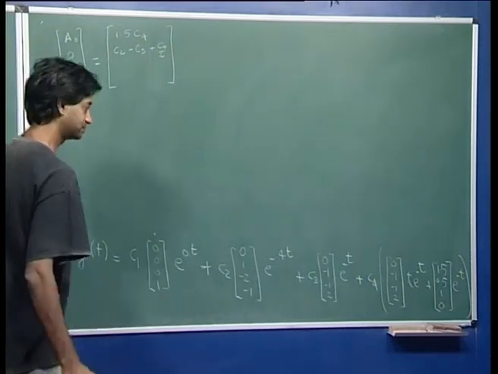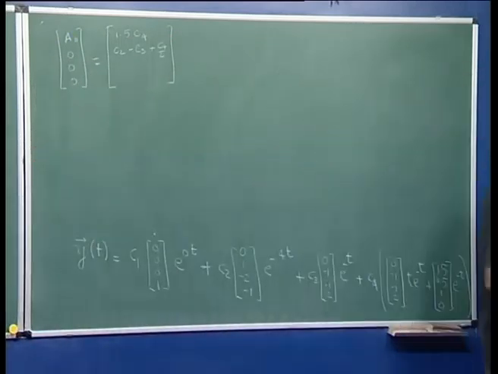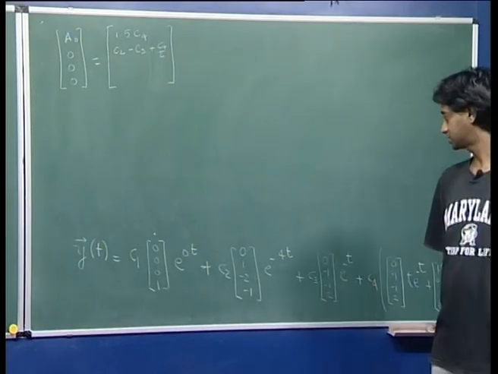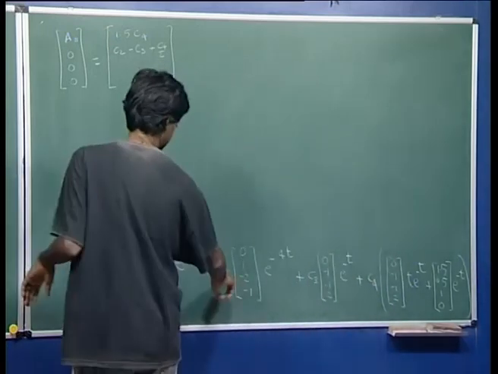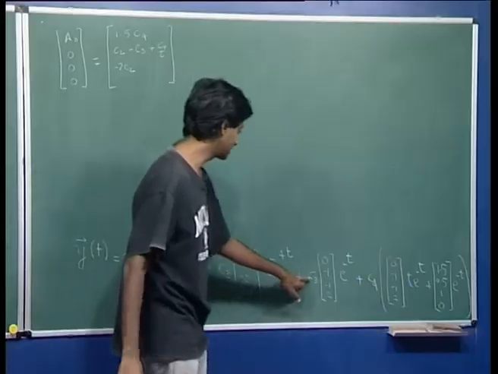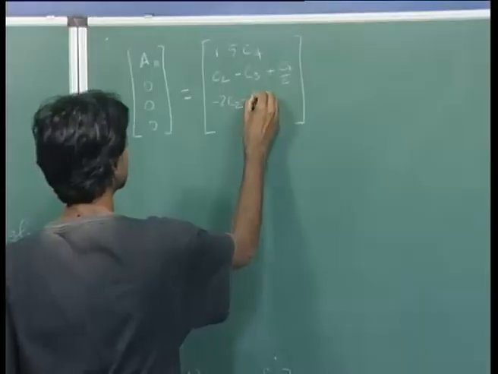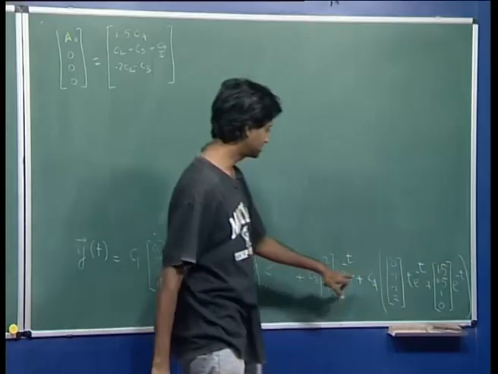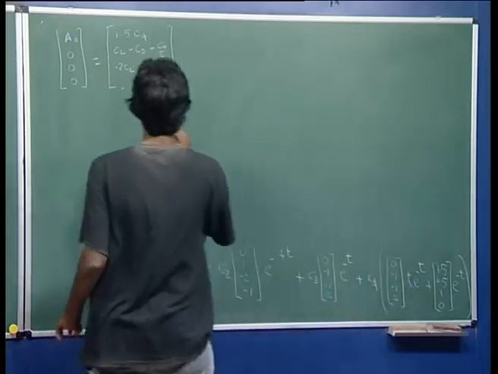The next term, so I will get C1 times 0, C2 times minus 2, so minus 2 C2, C3 times minus 1, so minus C3, and I have C4 times 1, plus C4.